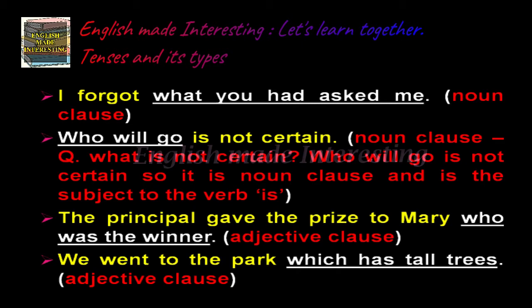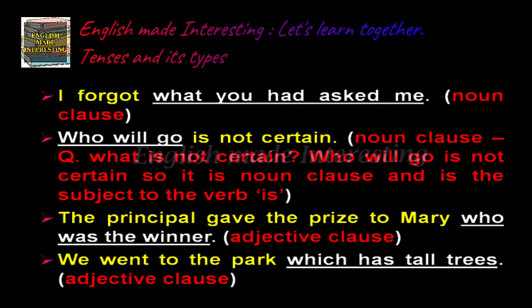Next sentence, who will go is not certain. Here, who will go is a clause. It is a noun clause. So what is not certain? Who will go is not certain. So it is a noun clause, and it is a subject to the verb is.